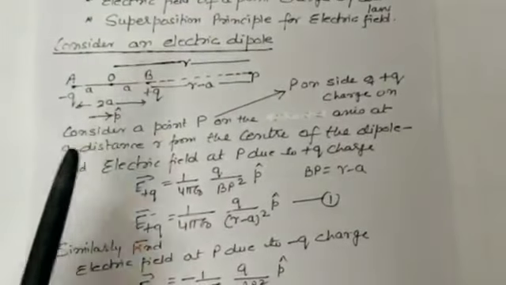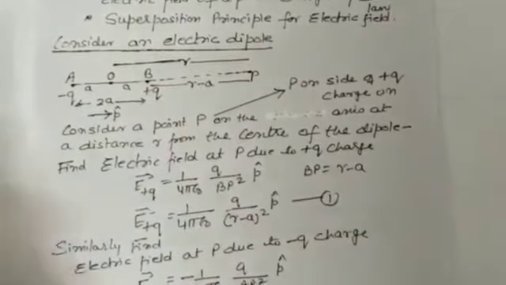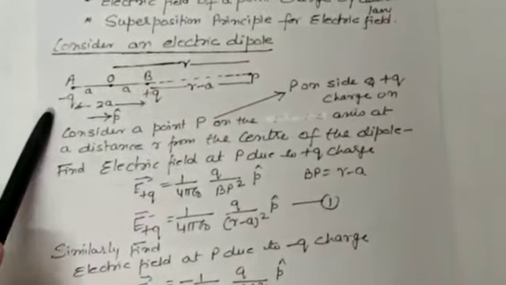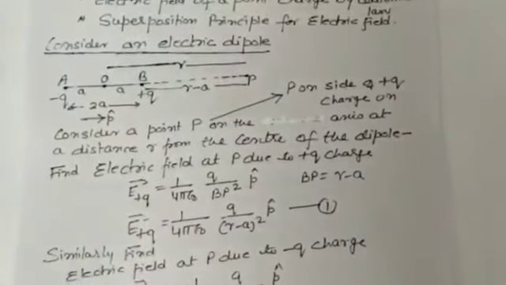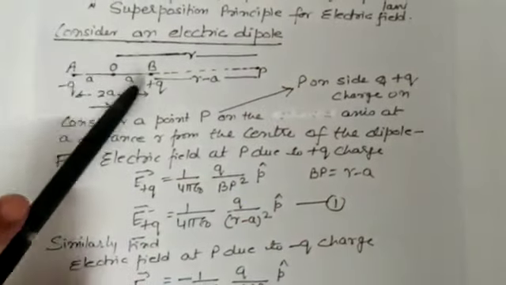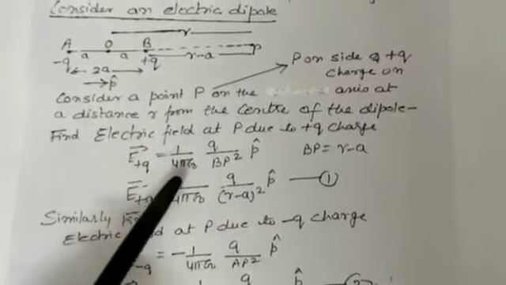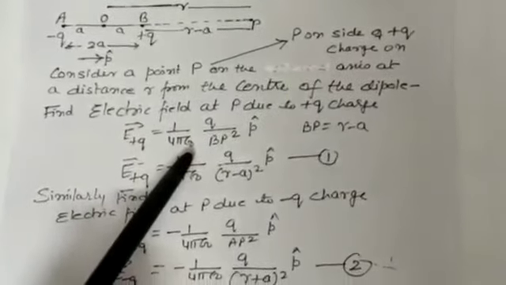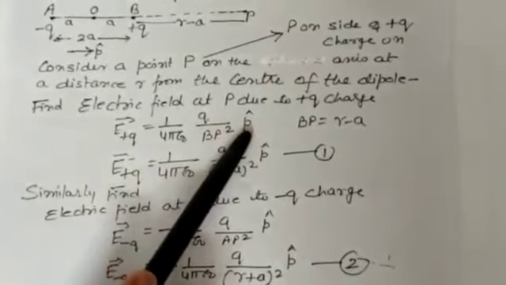Now we will find the electric field at point P due to plus q charge and due to minus q charge. After finding both fields, we will apply the principle of superposition. So the field at point P due to plus q charge is E plus q equals 1 by 4 pi epsilon naught q by BP square p unit vector.